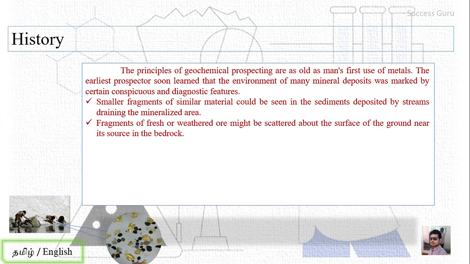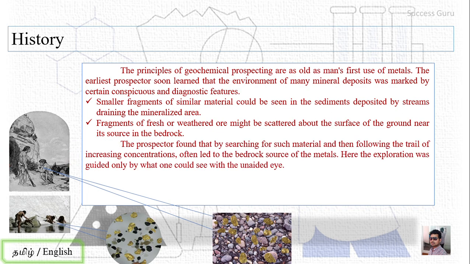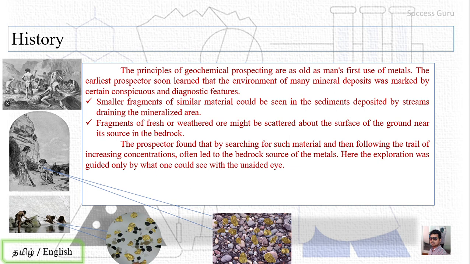Fragments of the fresh or weathered ore might be scattered above the surface of the ground near its source in the bedrock. The prospector found that searching for such material and then following its trail to increasing concentration often led to the bedrock source of the metal.